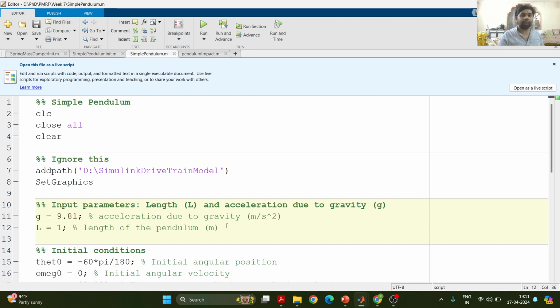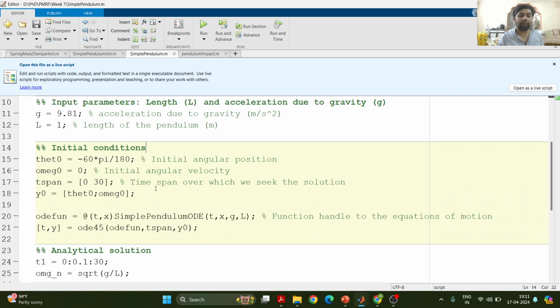And the next part is the initial condition, which is basically the initial angle of the pendulum and the initial angular velocity. Let us say we displace the pendulum by a certain angle and then release it. So the initial angular velocity is 0 and the initial angular position is, let us say, minus 60 degrees with respect to the vertical.